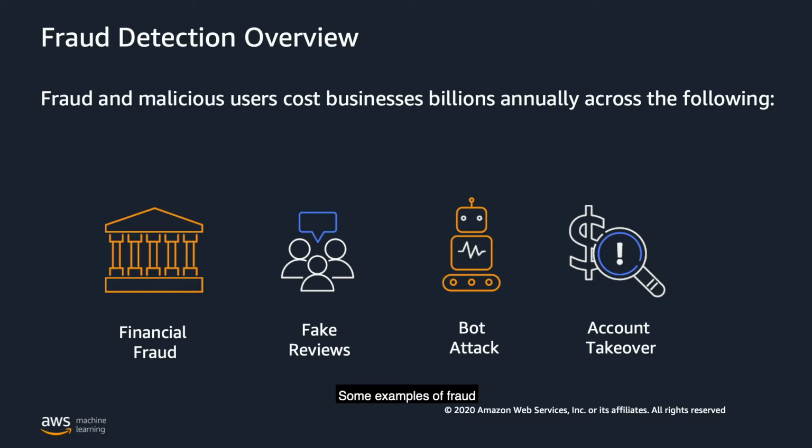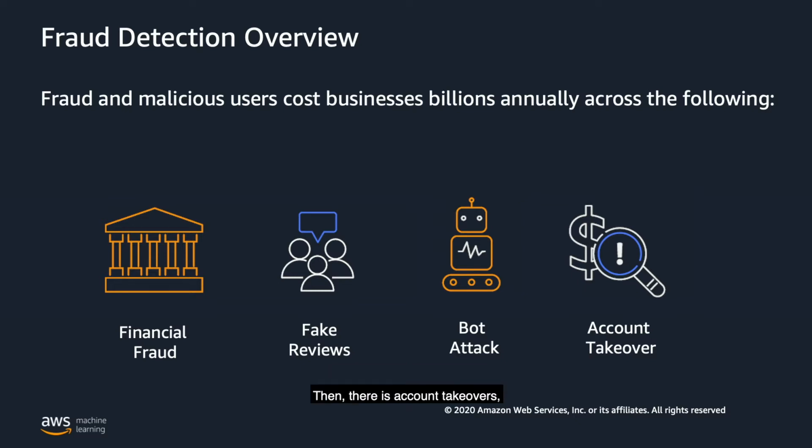Some examples of fraud and malicious behavior online include financial fraud, which is when fraudulent users make fraudulent financial transactions using stolen credit cards and so on. We also have fake reviews, when malicious users intentionally provide reviews to fraudulently elevate or sabotage a product or service online. We have bot attacks, when hackers or fraudulent users create a collection of automated services or internet-connected devices to get unauthorized access to products and services.